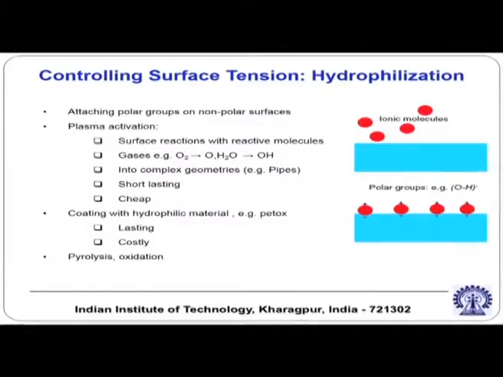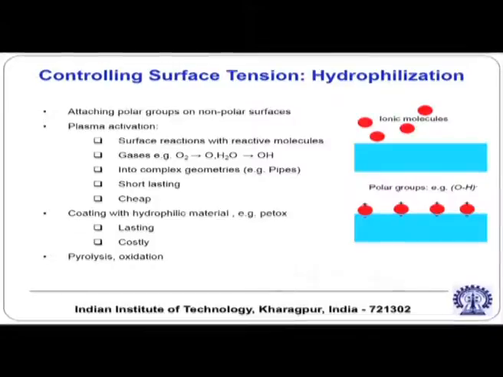There are certain possibilities. The fundamental principle is attaching polar groups on non-polar surfaces. Commonly, and this process is routinely done in our labs, we have oxygen plasma treatment or plasma activation. The surface reacts with reactive molecules.